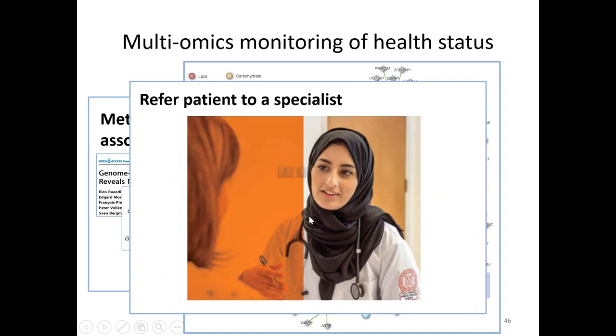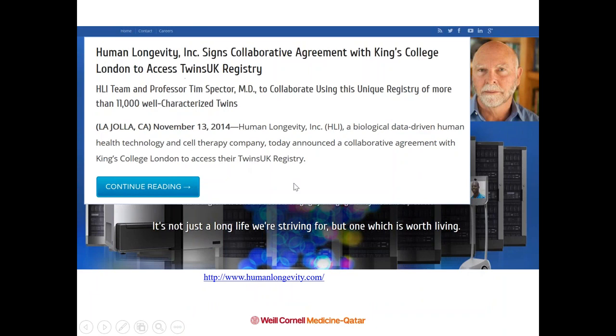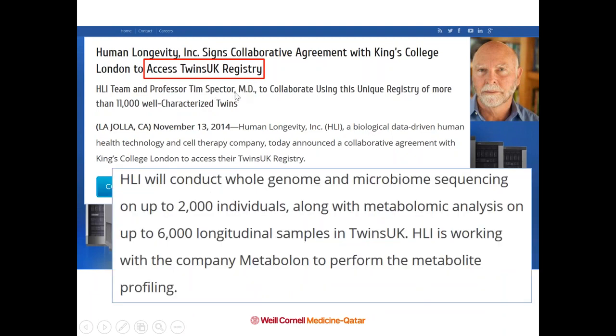So we're not trying to be predictive here in a way that we don't need the doctor. It's to direct him to a doctor in a fairly non-targeted way. And I think there are people doing this already. So there is HLI, and I think Craig Venter is certainly going to do this. Here I have just some press releases, and I think there are some interesting keywords here, like access to the Twins UK registry, together with Tim Spector, who was one of the leading researchers on our Atlas paper.